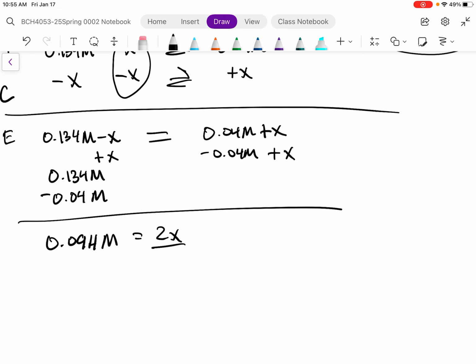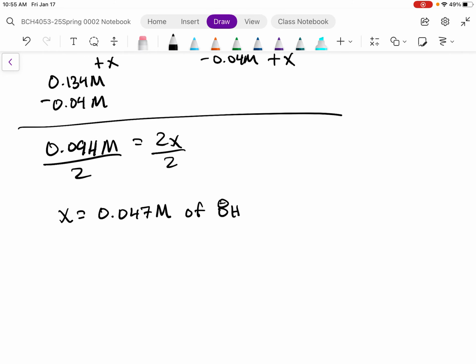Let's solve for X by dividing both sides by 2. And so X is going to equal 0.047 molar. And that is of our hydroxide solution. So that's the concentration, the final concentration of sodium hydroxide after we add X amount to it.